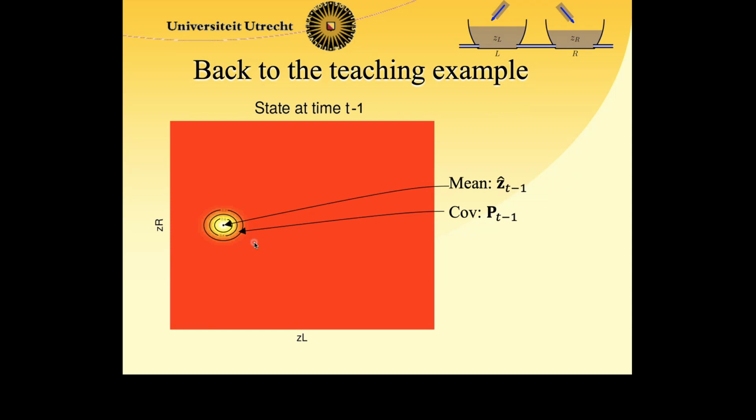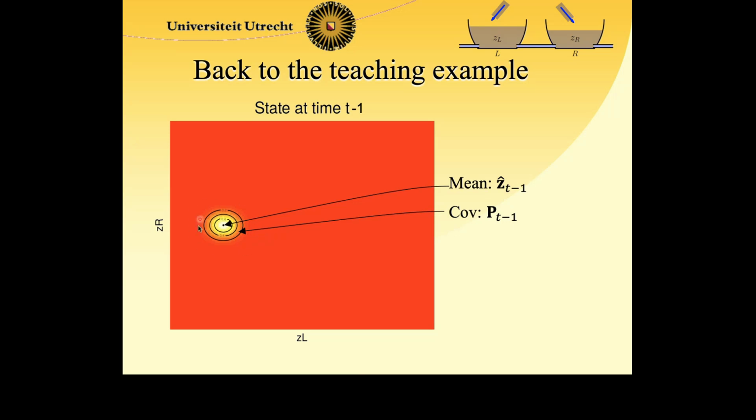So suppose at t minus 1, from a previous application of the Kalman filter or from some initial estimate using another method, we know the optimal prediction of Z at t minus 1. This is this one. And we know its covariance matrix. From the covariance matrix and the mean, we can make these lines of equal probability density.